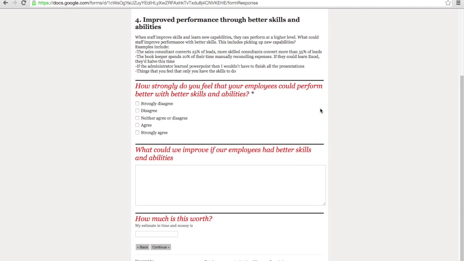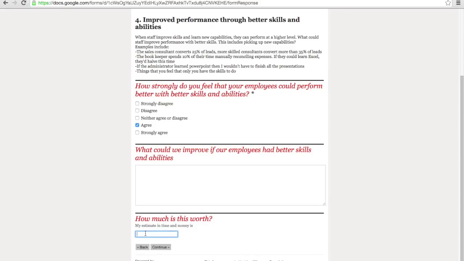So again, using the 5-point scale from strongly disagree to strongly agree, pick what you feel about that. And if this is an item that resonates with you, then fill in here what you think you could improve if your employees had better skills and abilities. And again, how much is this worth? So some sort of quantification in your time and money.